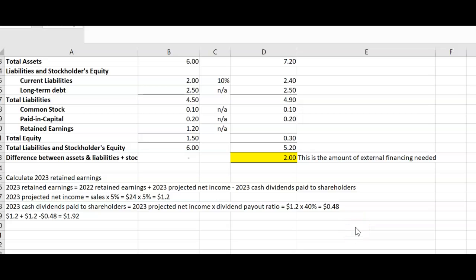If we put all those pieces of information together, our beginning retained earnings of 1.2 million, our net income of 1.2 million, subtract out our dividends of 480,000, that's going to leave us with an ending balance of 1.92 million in retained earnings. So that's the figure I'm going to plug in right here.